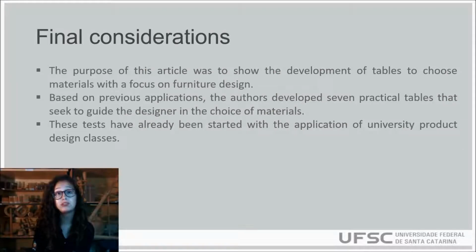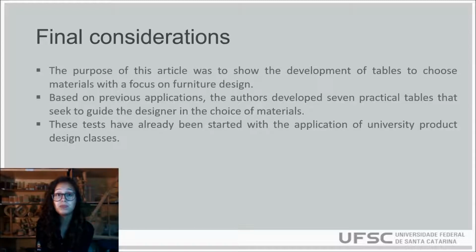The purpose of this article was to show the development of the tables to choose materials with a focus on furniture design. It initially demonstrated a history of the traditional materials gradually being replaced or supplemented by alternative materials. This created a problem for material selection because of the difference in relevant and reliable information data between the various material groups.